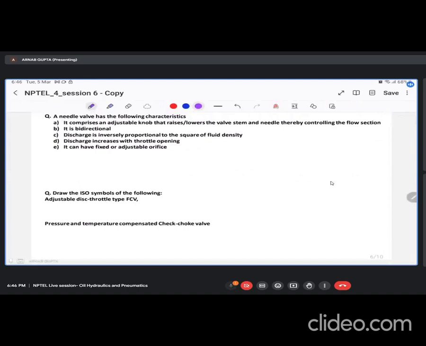A needle valve has the following characteristics. It comprises an adjustable knob that raises or lowers the valve stem and the needle, thereby controlling the flow section. Yeah, this is correct because we have an adjustable knob.